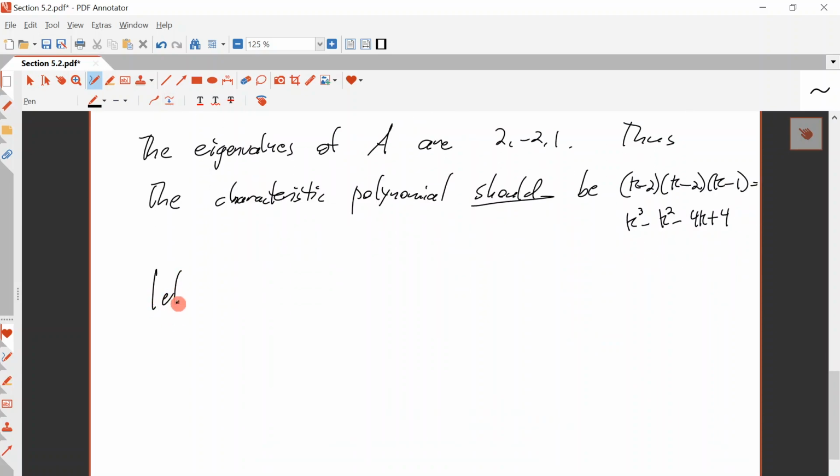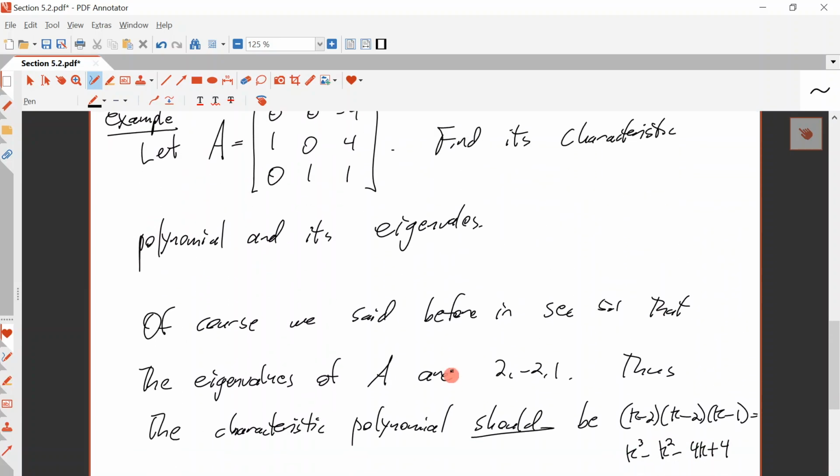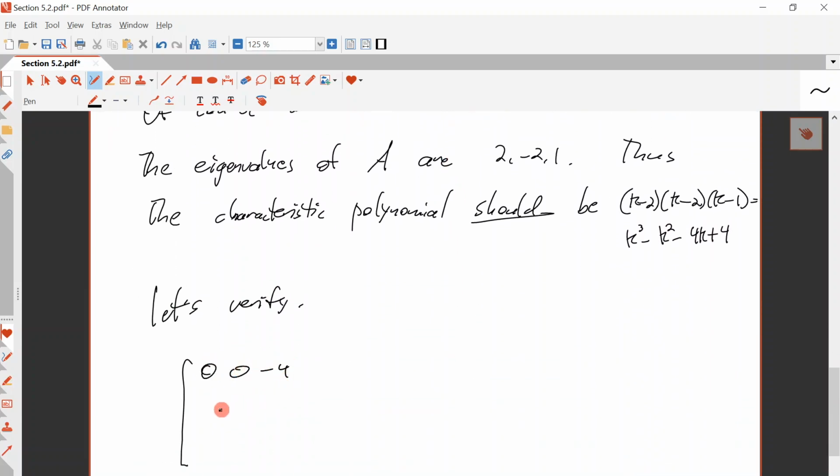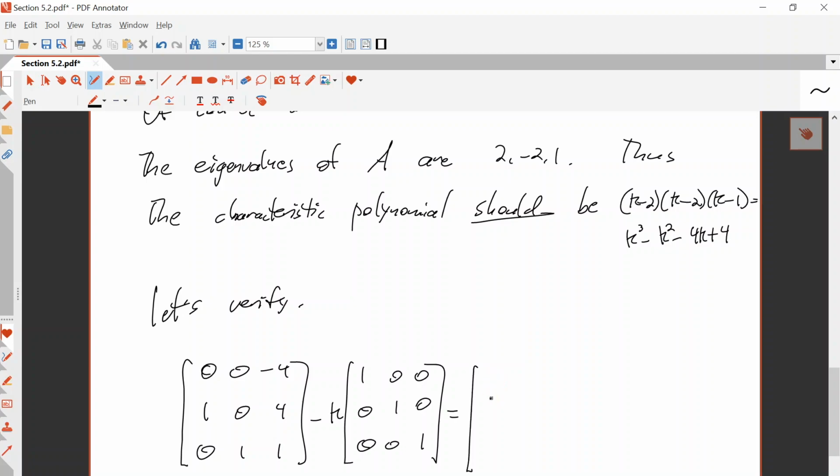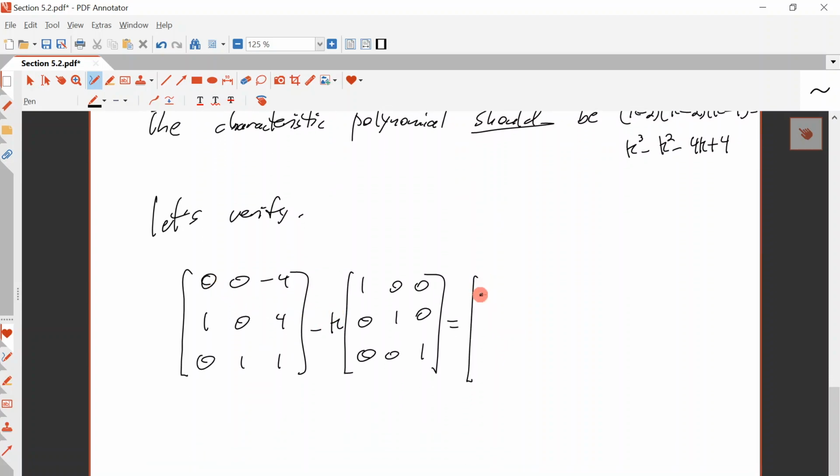Okay. So A is 0, 0, minus 4, 1, 0, 4, 0, 1, 1, minus k times I. So that's k times 1, 0, 0, 0, 1, 0, 0, 0, 1, which is equal to minus k, 0, minus 4, 1, minus k, 4, 0, 1, 1 minus k.